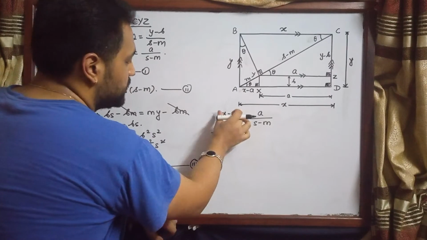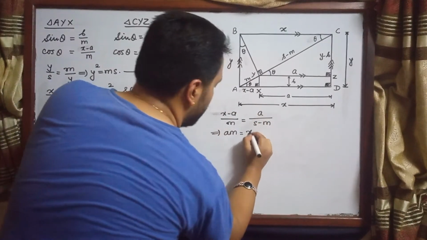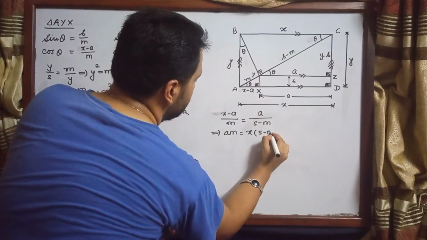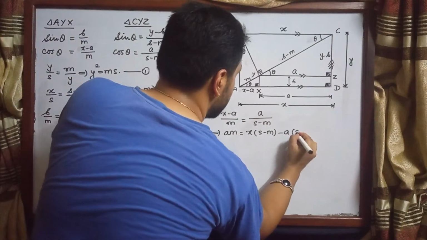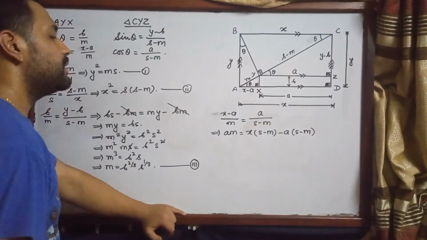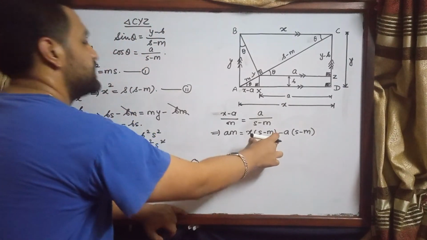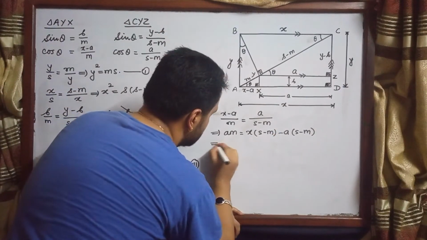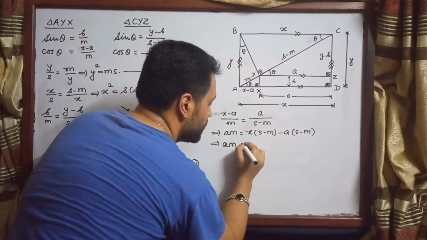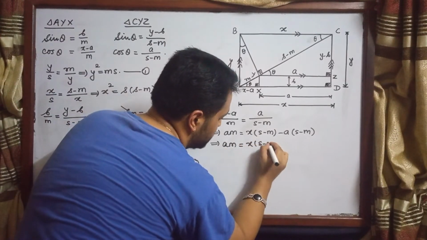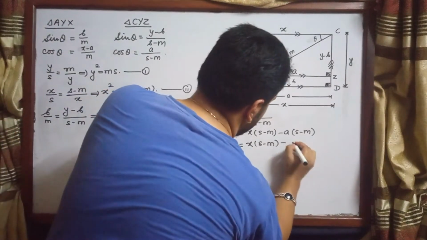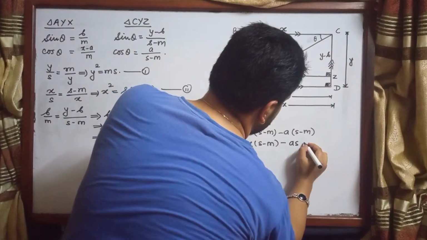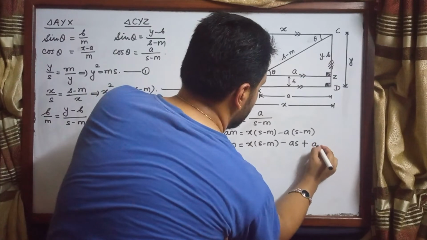So multiplying these two terms, we're going to get x times s minus m minus as, minus a times s minus m. Okay, we're going to leave it as it is, so that we get am is equal to x times s minus m minus as plus am.